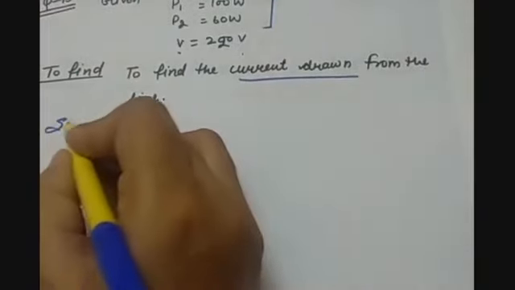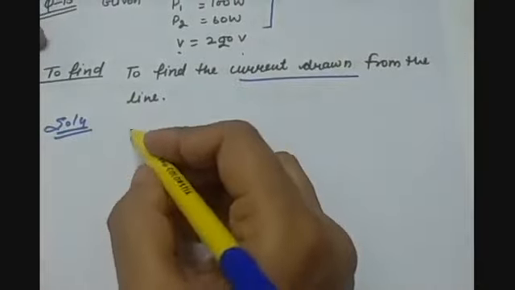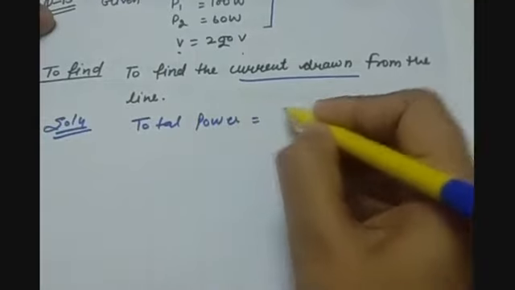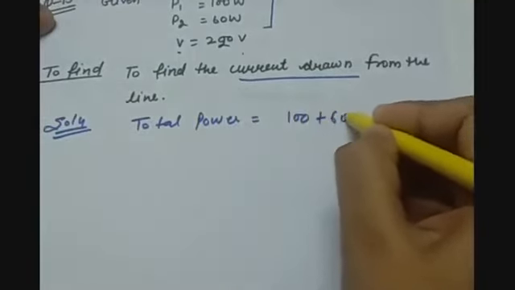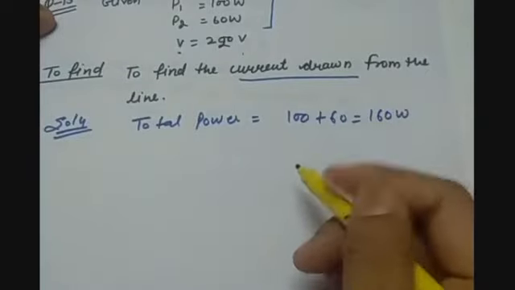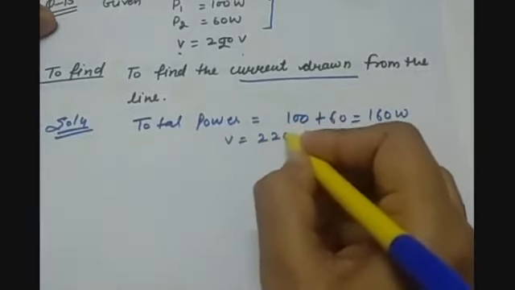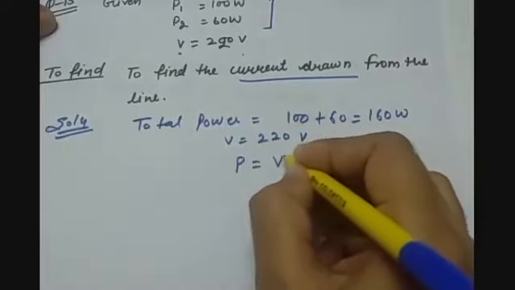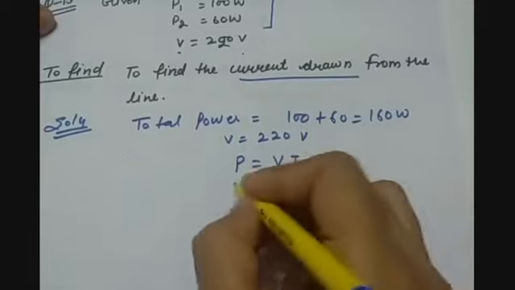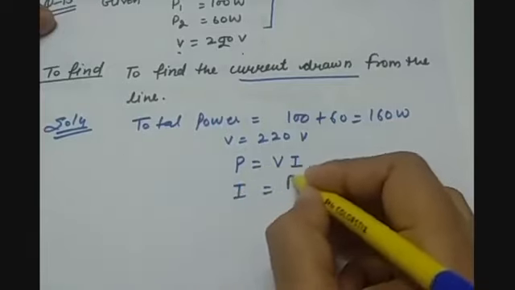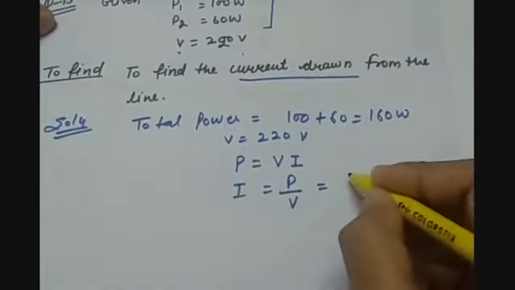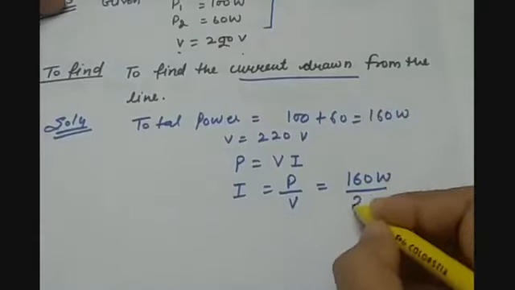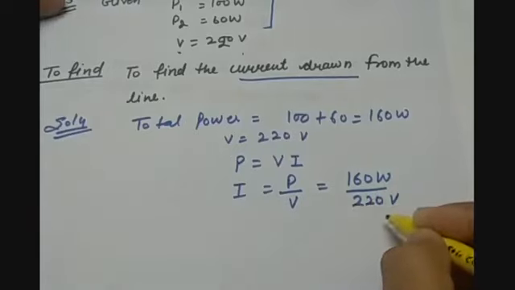So the solution is, the total power will be 100 plus 60, that is 160 watt. Potential is 220 volt. So electric power has the formula V into I. So we can calculate the current as P upon V. For total power we have a value 160 watt upon 220 volt potential difference.